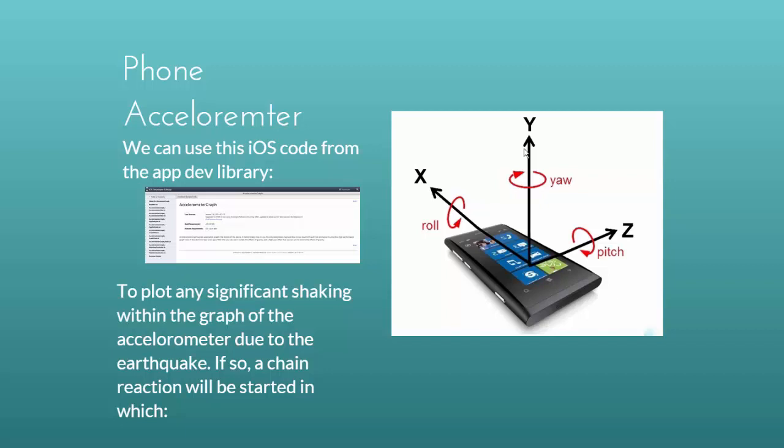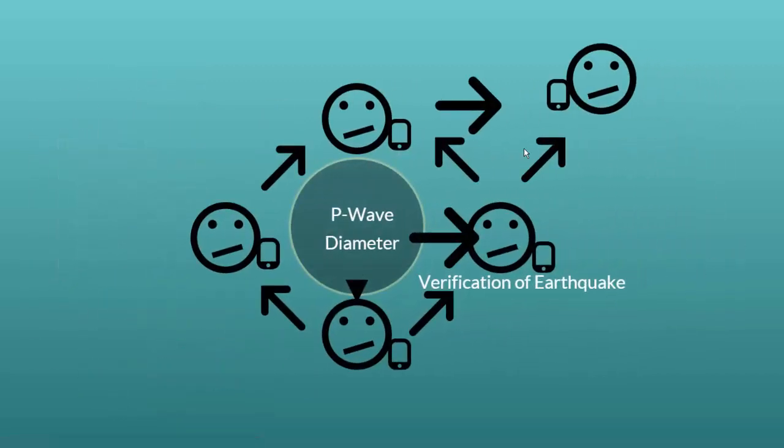That significant sudden shake will cause an alarm, a chain reaction basically, in which, so this is the first person who gets alerted of the earthquake. So when the P wave happens, his phone corresponds with the next person's phone. Now, how can we verify it really is an earthquake and not a false alarm?